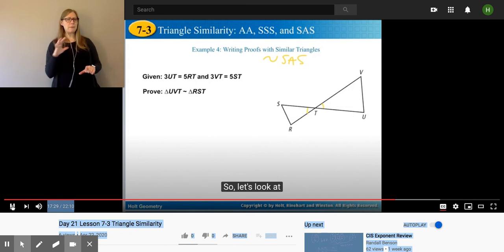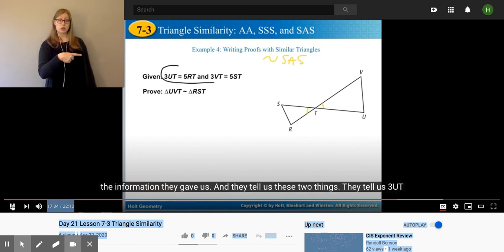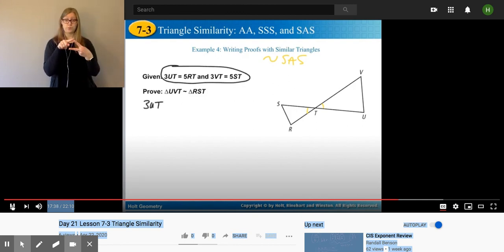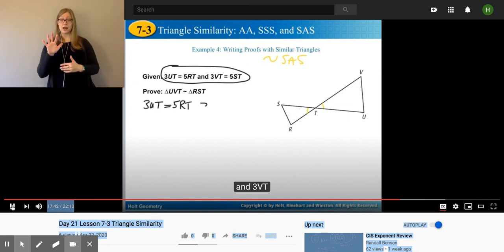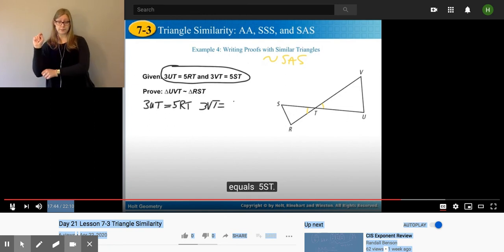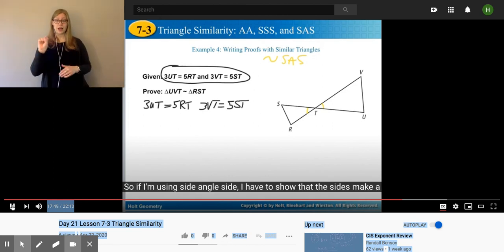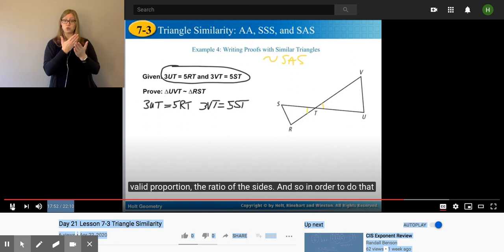So let's look at the information they gave us, and they tell us these two things. They tell us 3UT equals 5RT, and 3VT equals 5ST. So if I'm using side angle side, I have to show that the sides make a valid proportion, the ratio of the sides.